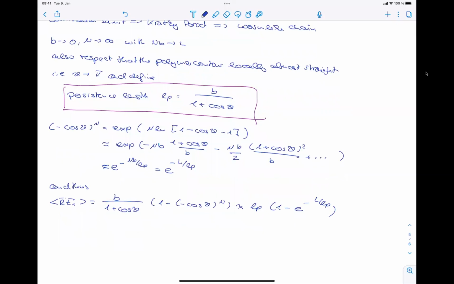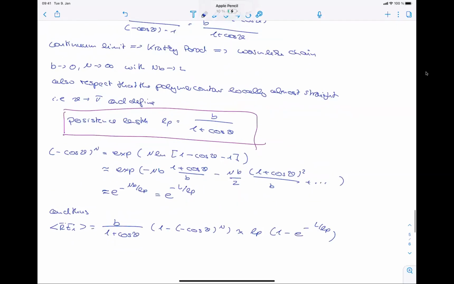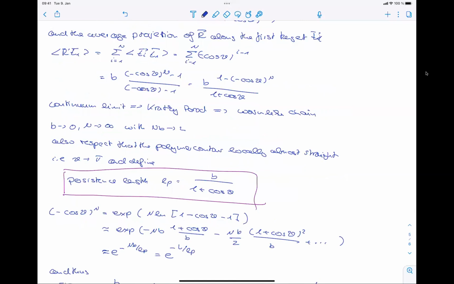And so this is a nice example of looking at this geometrical relationship for the projected end-to-end distance vector, right? It looked like a horrible expression with lots of cosines in there.